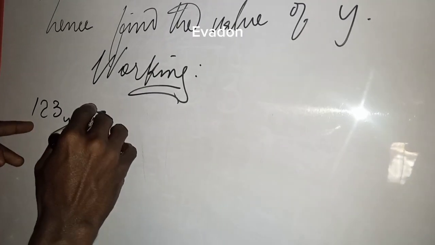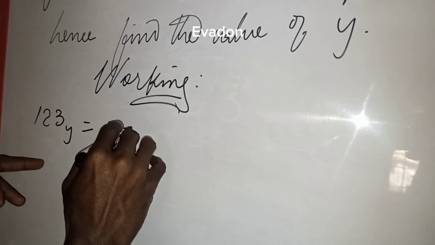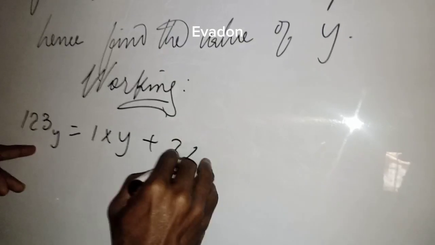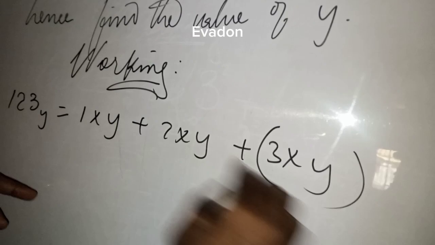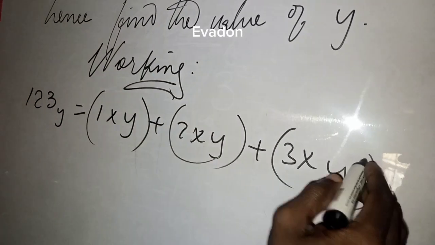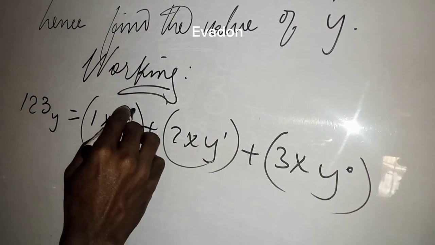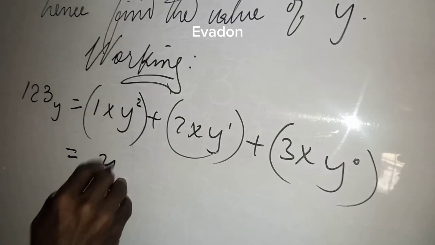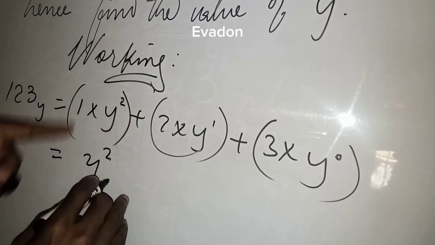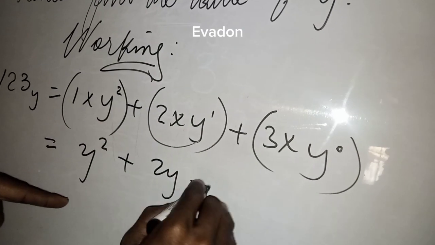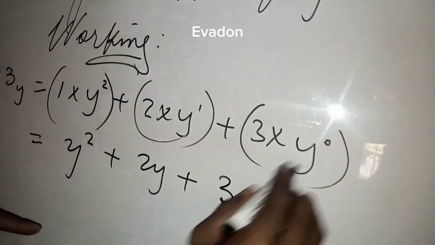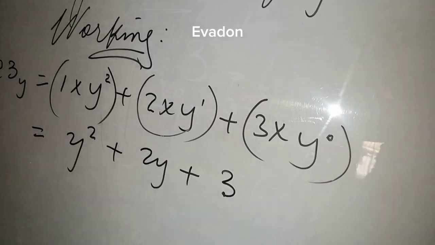So everything here will multiply: 1 times y plus 2 times y plus 3 times y, with the place values represented as 2, 1 and 0. That will give me y squared, because 1 times y squared is y squared, plus 2 times y is 2y, plus 3 times 1 is 3, because n raised to the power 0 is 1.